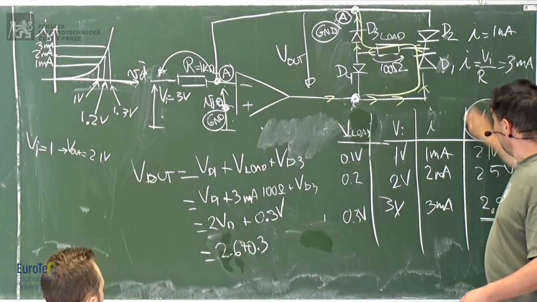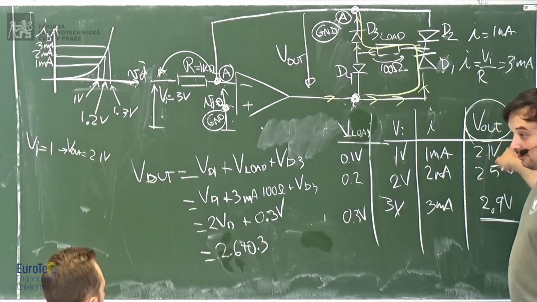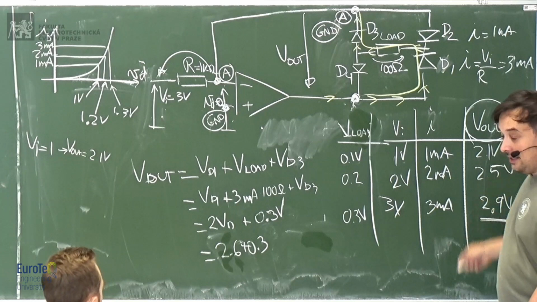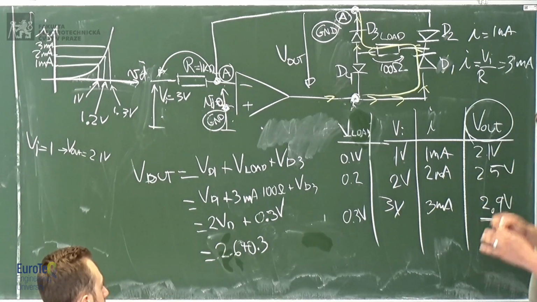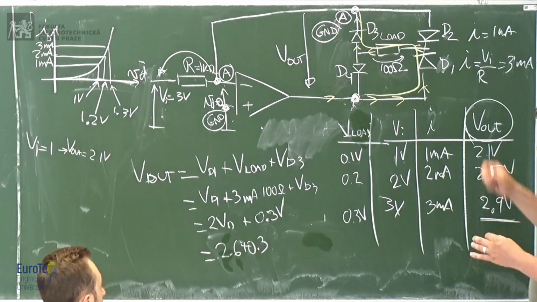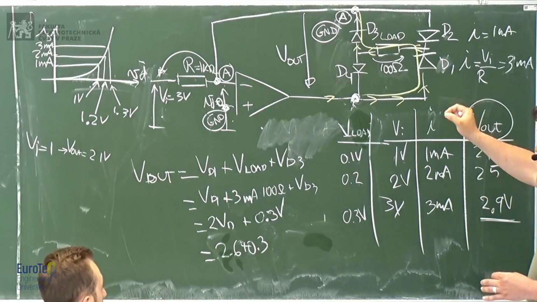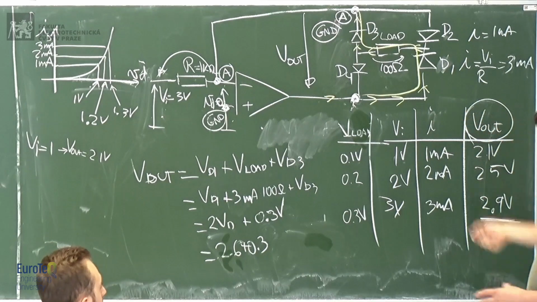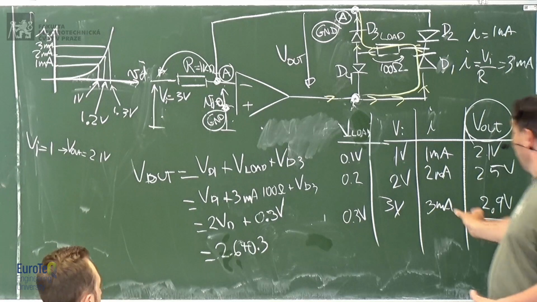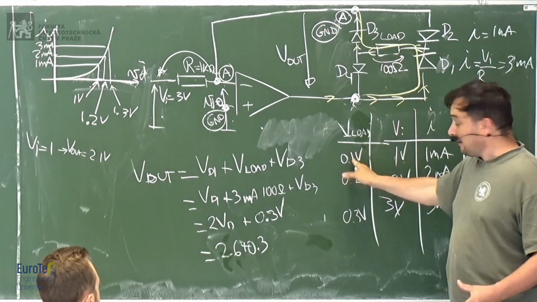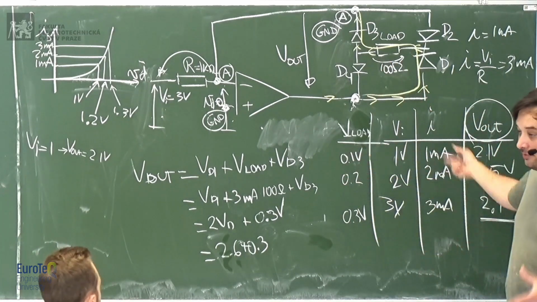Here. The nonlinearity is transferred to the output voltage of the operational amplifier. So the operational amplifier every time adds the exact amount of voltage necessary to compensate for the voltage drop on the two diodes, in order to have always on the resistor the right amount of voltage proportional to the input voltage.